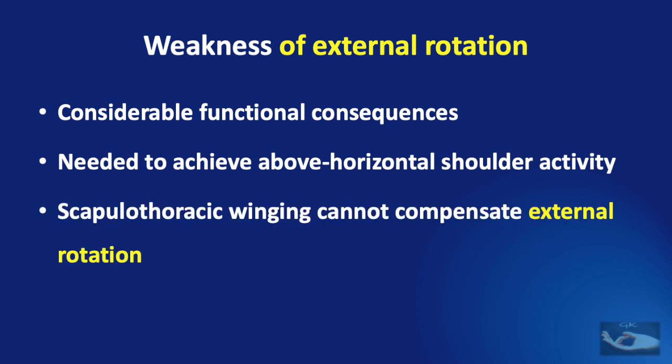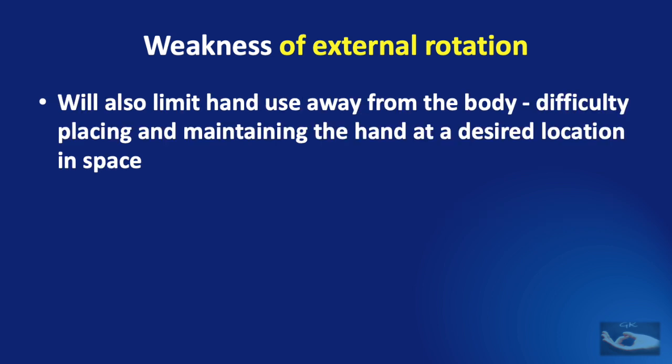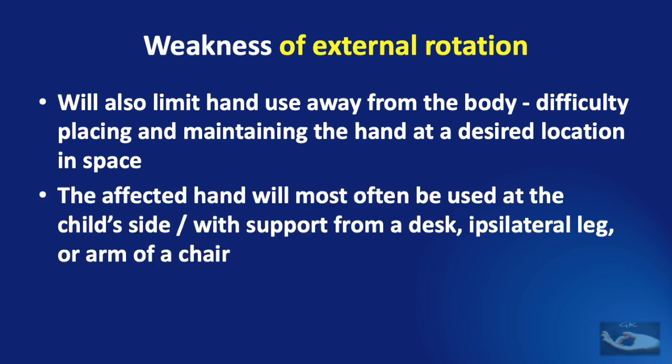We need to remember here that scapulothoracic winging can compensate for limited glenohumeral motion in all planes except external rotation. So the child will not be able to use the hand away from the body because there is a difficulty in placing and maintaining the hand at a desired location, and even when used at the child's side, it is done with support from a desk or the ipsilateral leg or the arm of a chair.